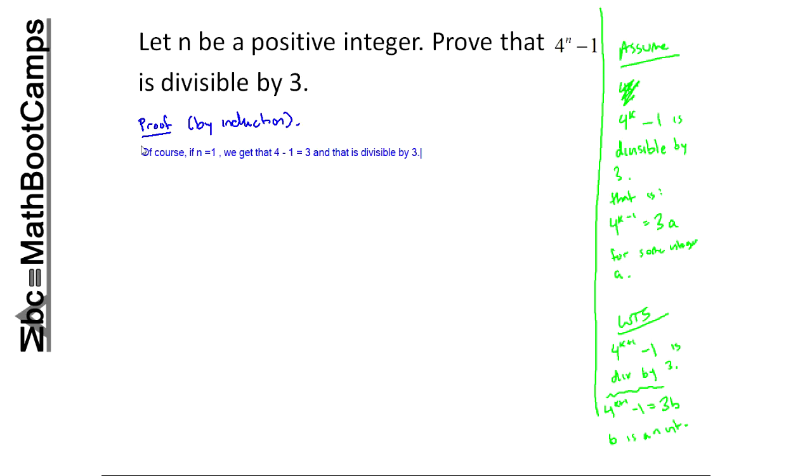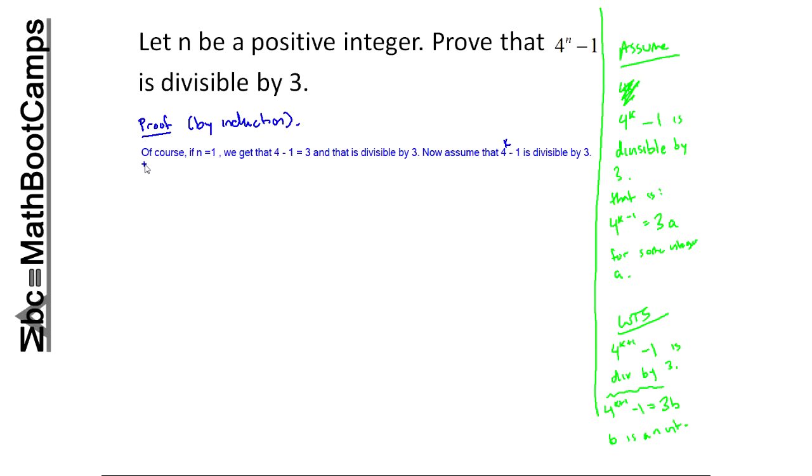So now we're going to assume that it's true for k. So I'll add in the exponent in a second. And so I want to say now assume that 4 to the k minus 1 is divisible by 3.